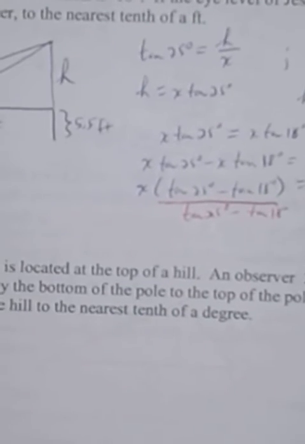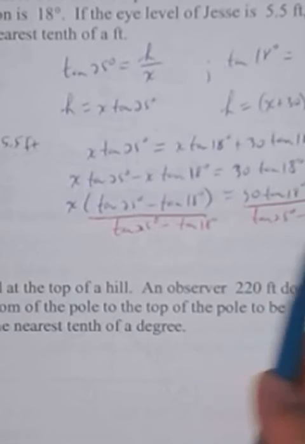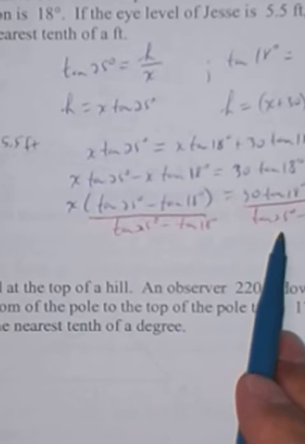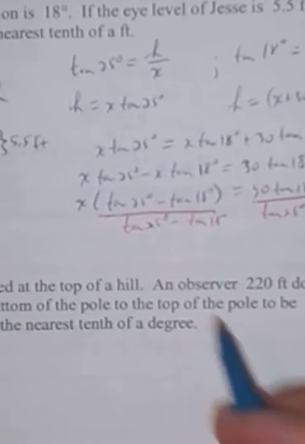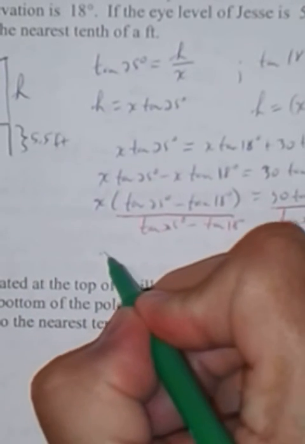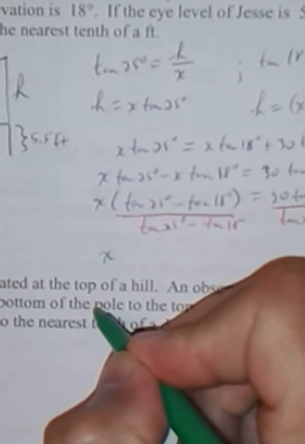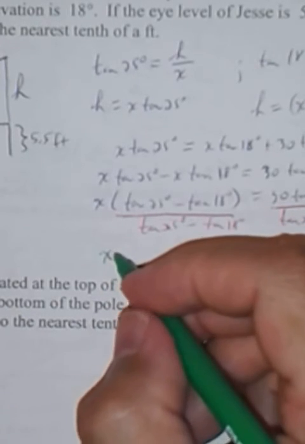So that's x. x equals 30 tangent 18 divided by the difference, tangent 25 degrees minus tangent 18 degrees. And then we can find an approximation. We're looking for h, right? Oh, shoot. That's fine. We can find x and then find h.